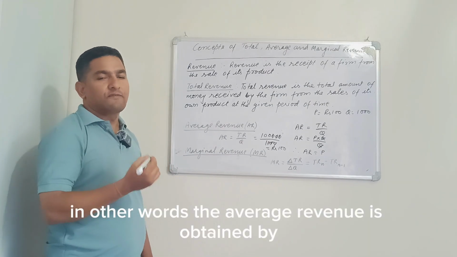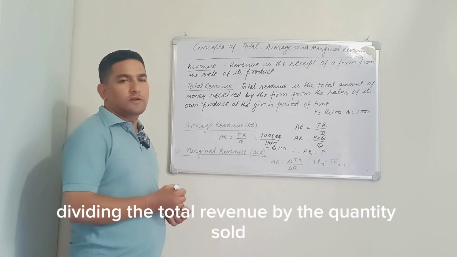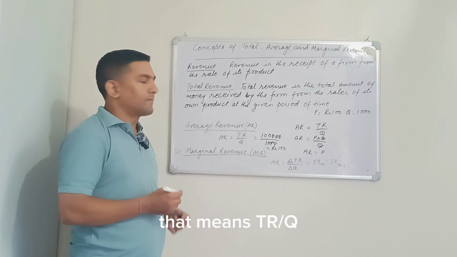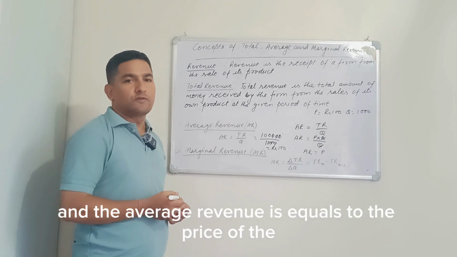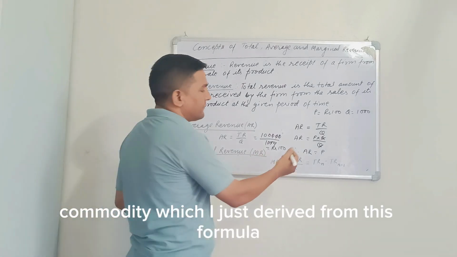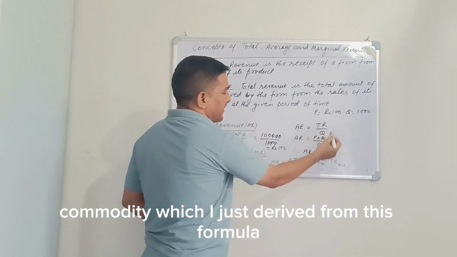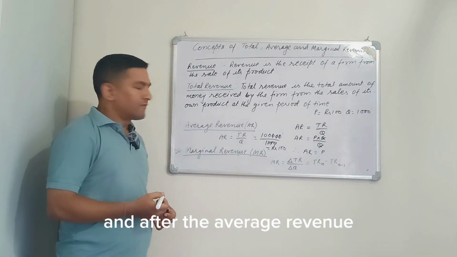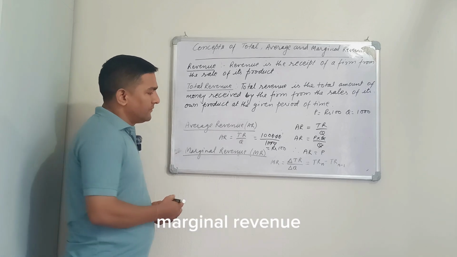In other words, the average revenue is obtained by dividing the total revenue by the quantity sold, that means TR upon Q, and the average revenue is equal to the price of the commodity, which I just derived from this formula.